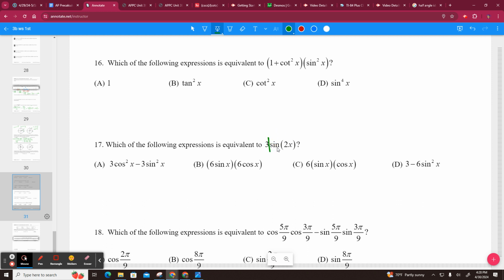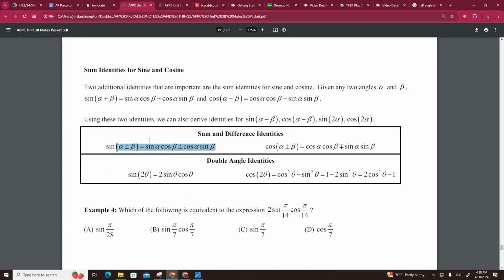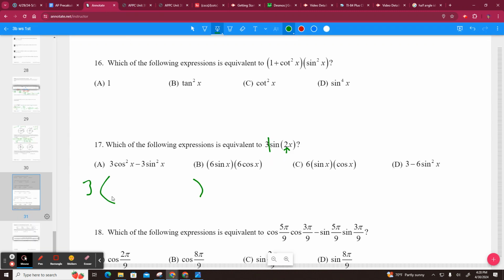So it's 3 times sine of 2x. The 2 times x tells me it's a double angle formula. So I'm going to write this as 3 times. I know sine of 2 times something can be written with 2 sine theta cosine theta. So I can rewrite it as 2 sine x cosine x.